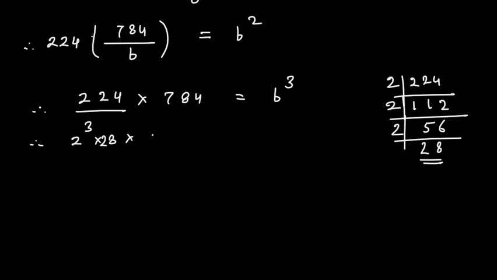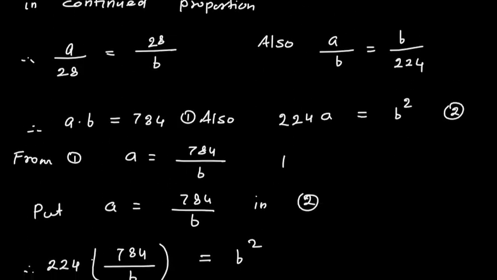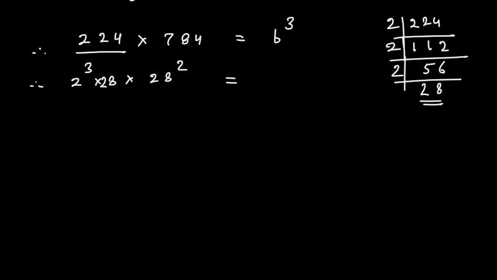And this 784 is 28 the whole square, because 784 is 28 into 28, right? So 28 square. So this is b cube.